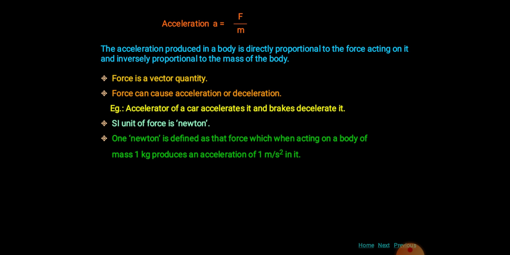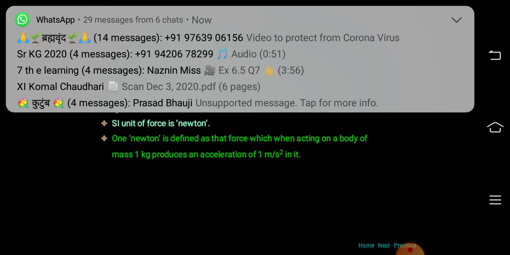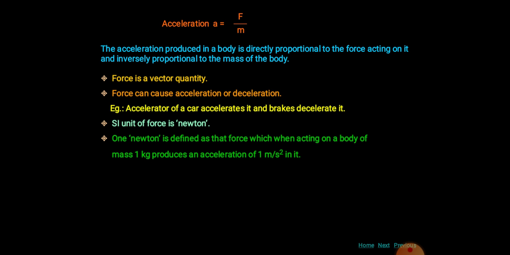If the value of force is 1 Newton, at that time the mass is what? 1 kg, and acceleration is what? 1 meter per second square. So with the help of this we can write the definition of 1 Newton: it is nothing but the force which, when acting on a body of mass 1 kg, produces an acceleration of 1 meter per second square in it.